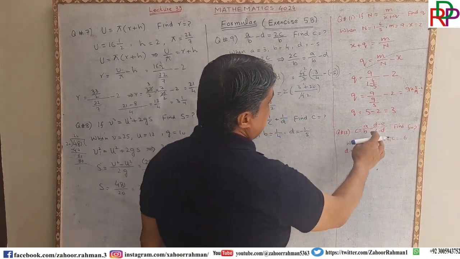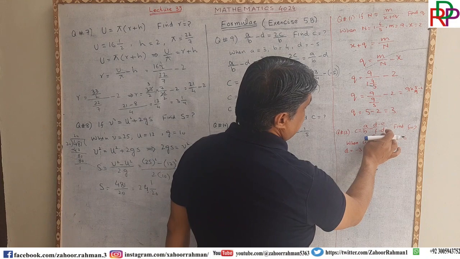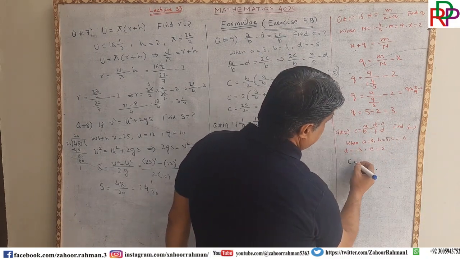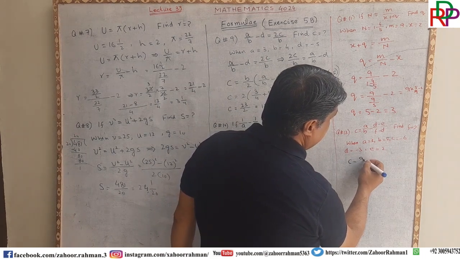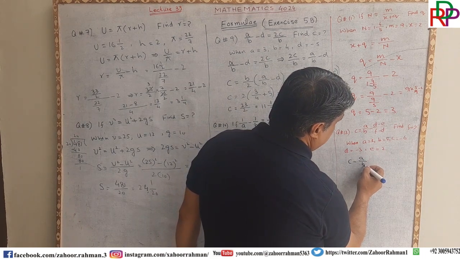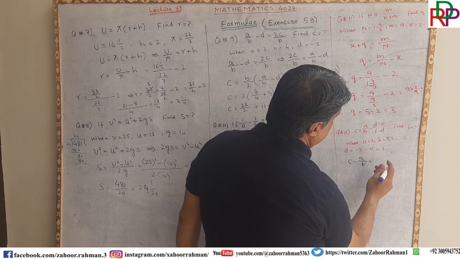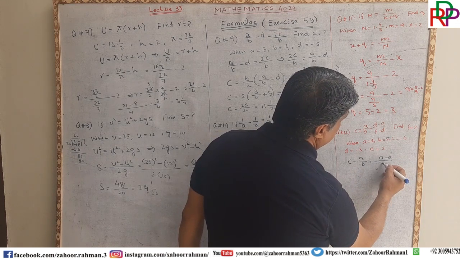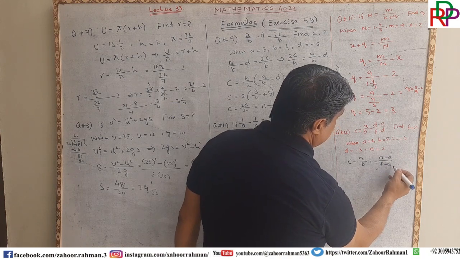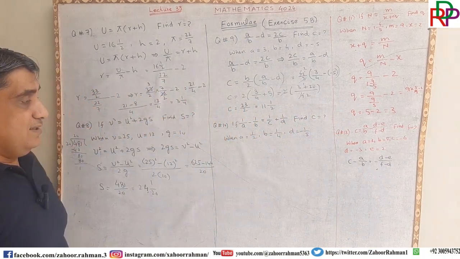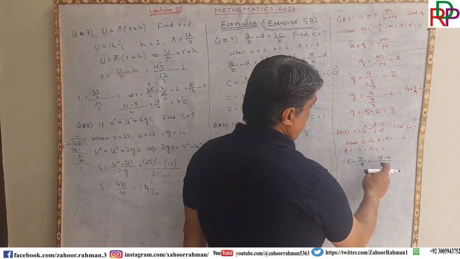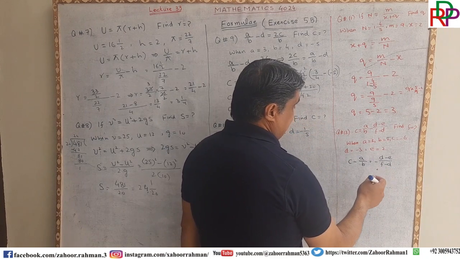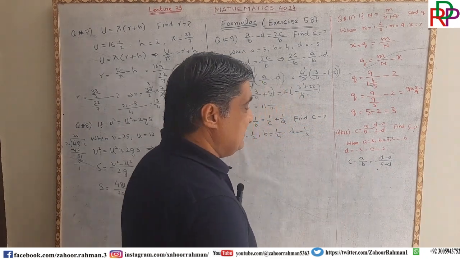So we have to leave this f here, and first of all I am writing c minus a divided by b is equal to minus d minus e divided by f minus d. Now we have to bring this f minus d on this side.